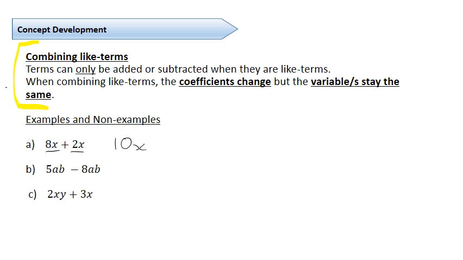So all up, that's going to give us 10x. 5ab minus 8ab is going to give us negative 3 lots of ab. And this last one here, we can't actually add them because they're not like terms. One's xy and one's just x.